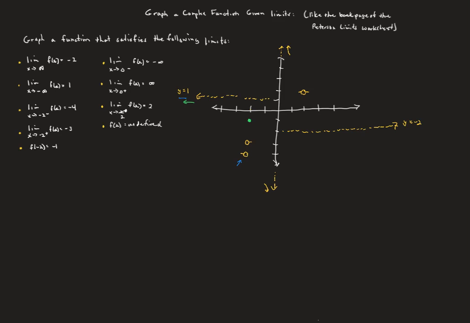So I'm going to connect this to there, making sure it's a function. I want to make sure that whatever I've drawn passes the vertical line test for functions. Now the actual value of the function is up here, but I'm going to leave that as it is.